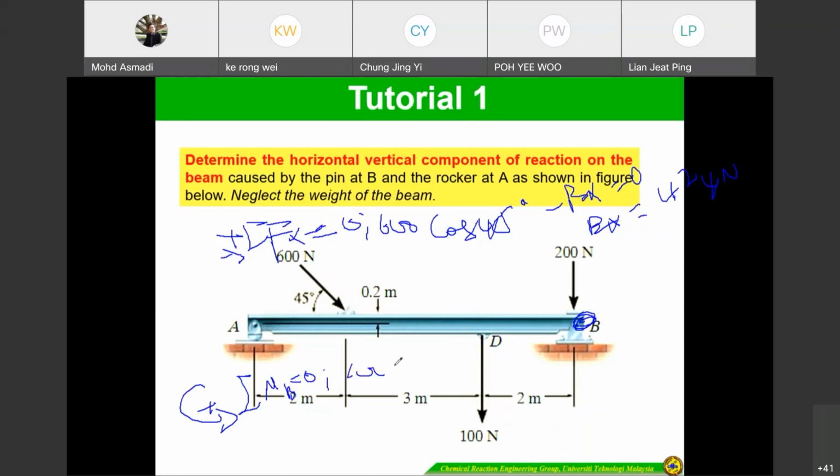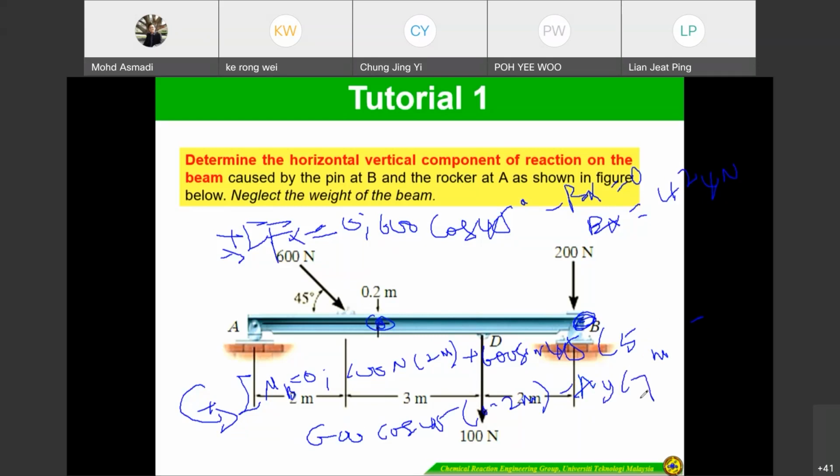So 100 times 2 meter, plus 600 sin 45 times 5 meter, minus 600 cos 45 times 0.2 meter, because there is a distance here, minus AY times 7 meter, equal to 0. So AY equal to 319 newtons.